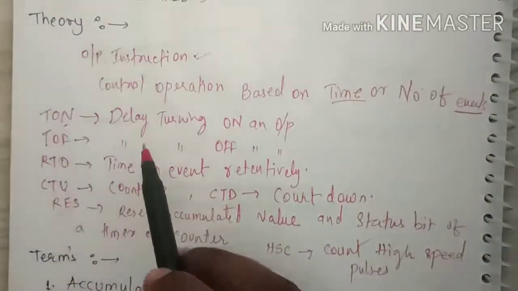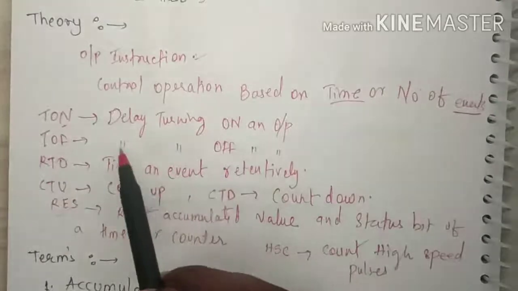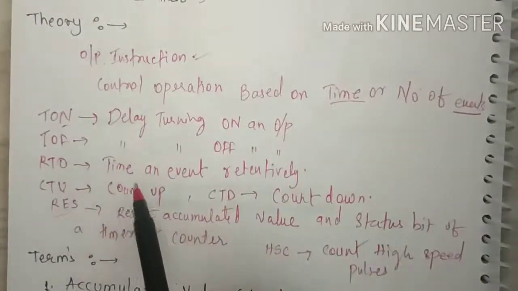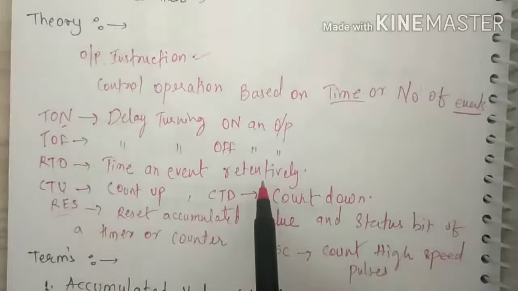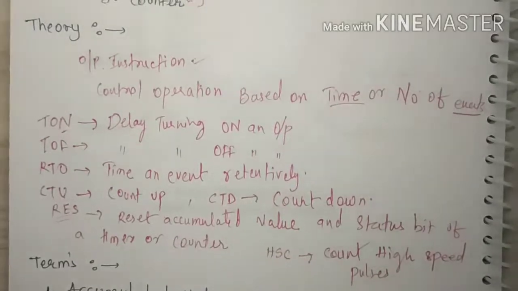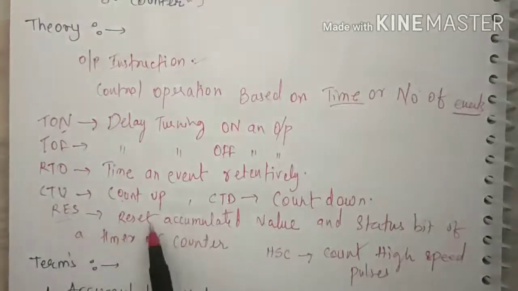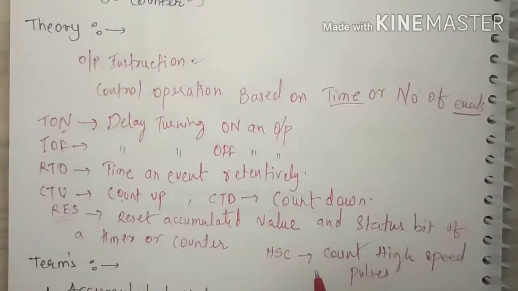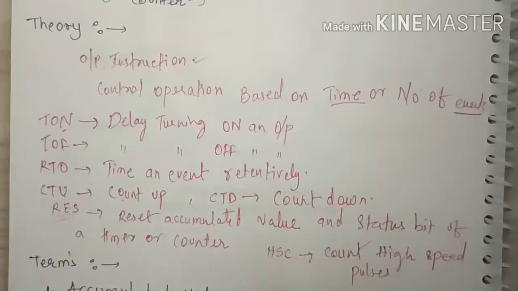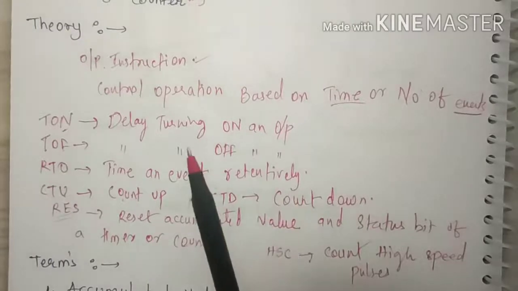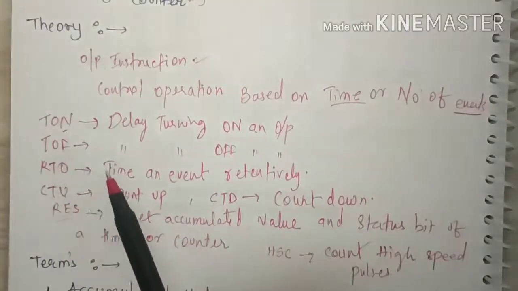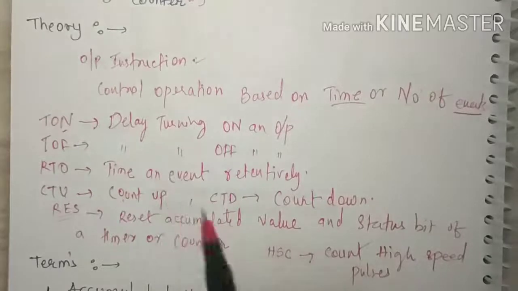TON represents delay turning on an output, TOF delay turning off an output, RTO time an event retentively. Then we have CTU, count up, CTD count down, RES reset accumulated value, and HSC, count high speed pulses. So these are the theoretical part. You should represent these instructions in our ladder diagram.